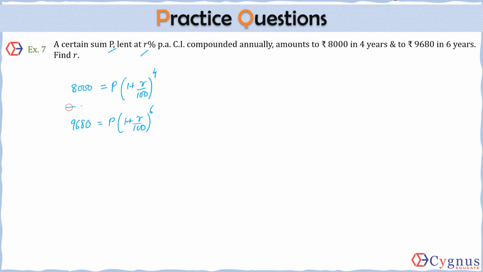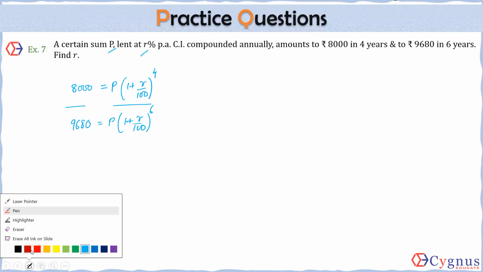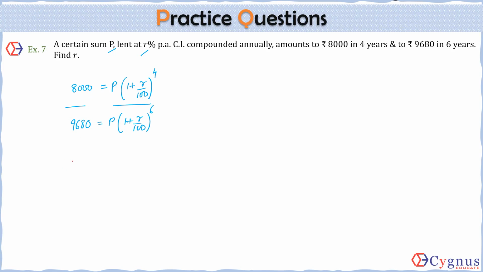Look at both the equations. Two variables are there. It's better to divide both of them. When you divide both of them, what do you get here? You get 8,000 by 9,680 is equal to this. P will be cancelled out, and these four powers will cancel out how many times? Two times, four times. So you will be left with only two powers.